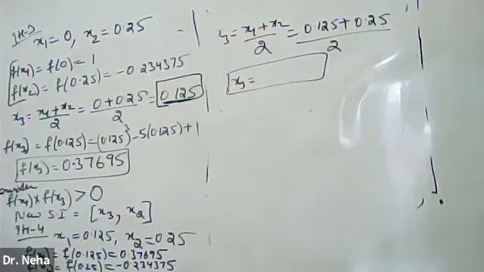Faizan, you are not audible, beta. Ma'am, 0.03125. Anyone else? It is 0.1875, beta. How can you reach 0.03?